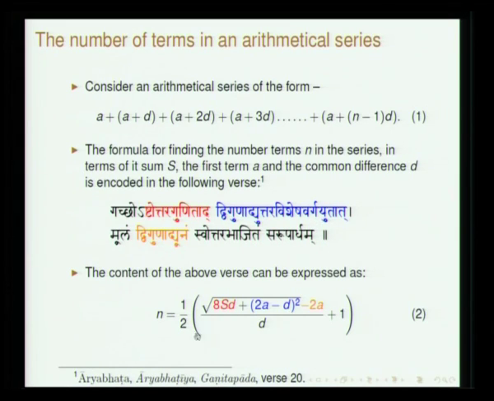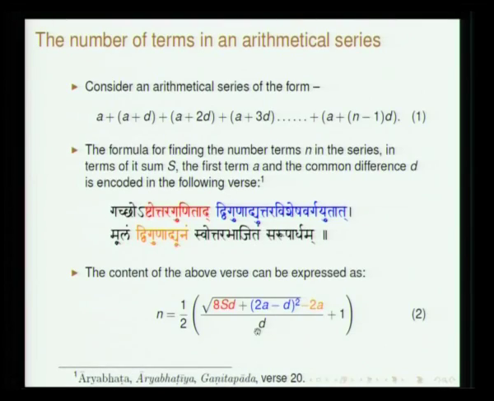Then what is to be done? Moolam, you take the square root of that, Dvigunadi Unam, so minus 2A. Moolam Dvigunadyunam Svottara Bhajitam. So Swam here refers to the series as such, Uttara is the common difference in the series that forms the divisor.